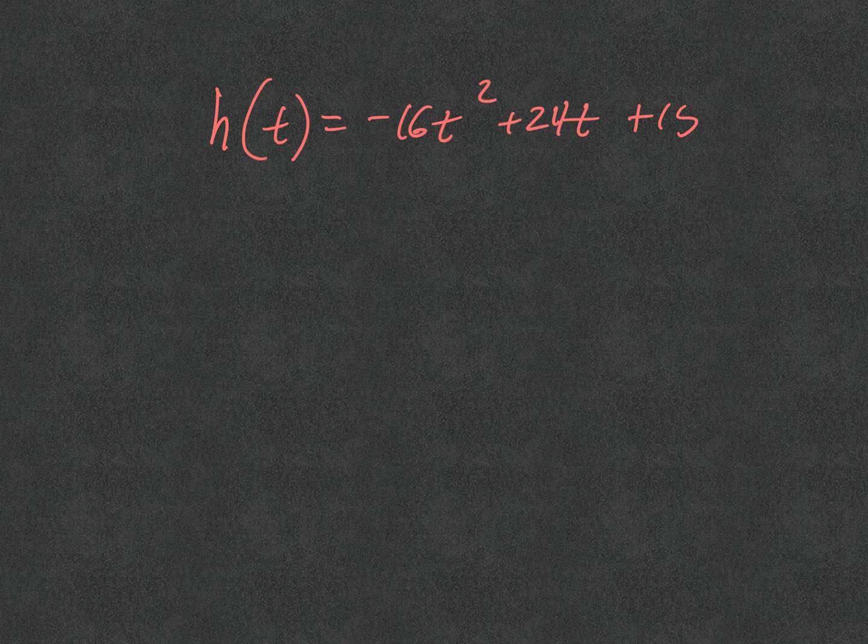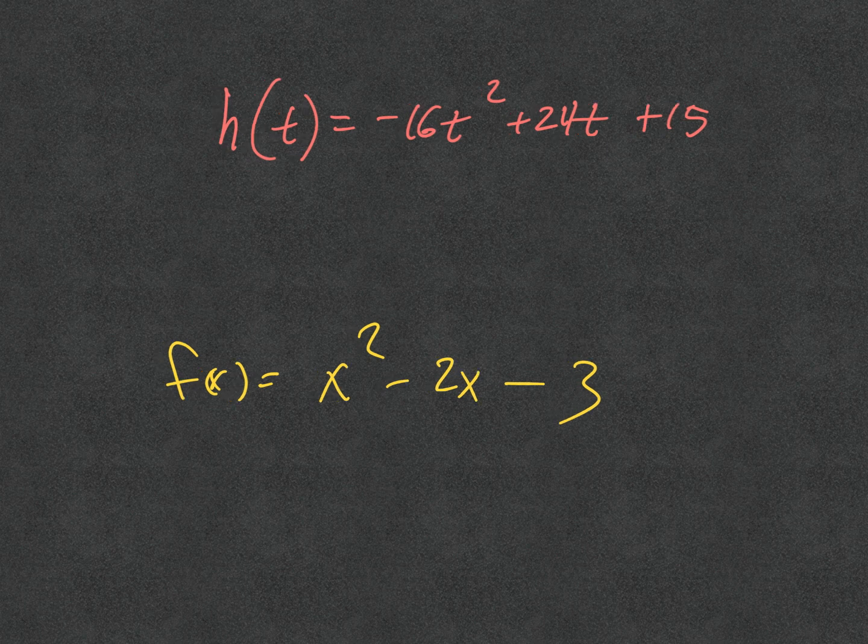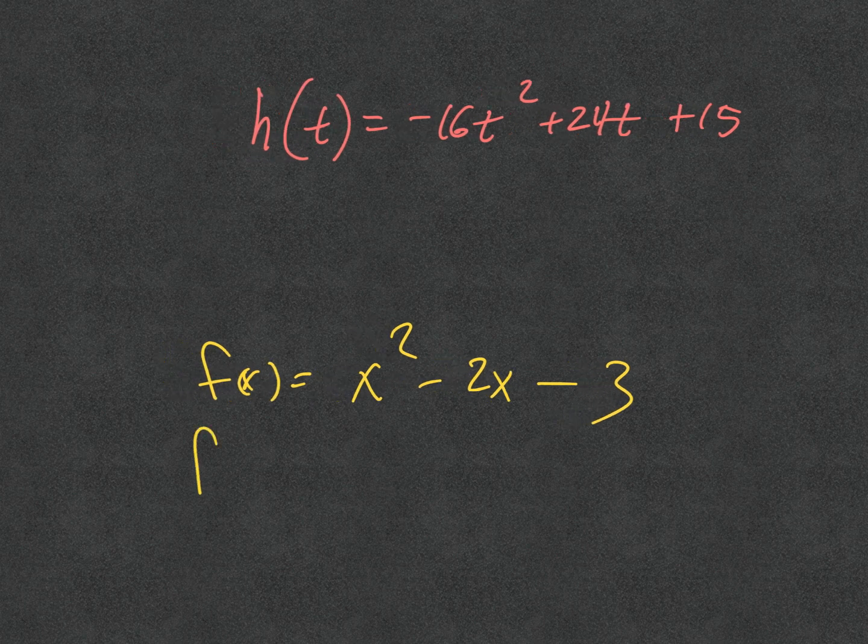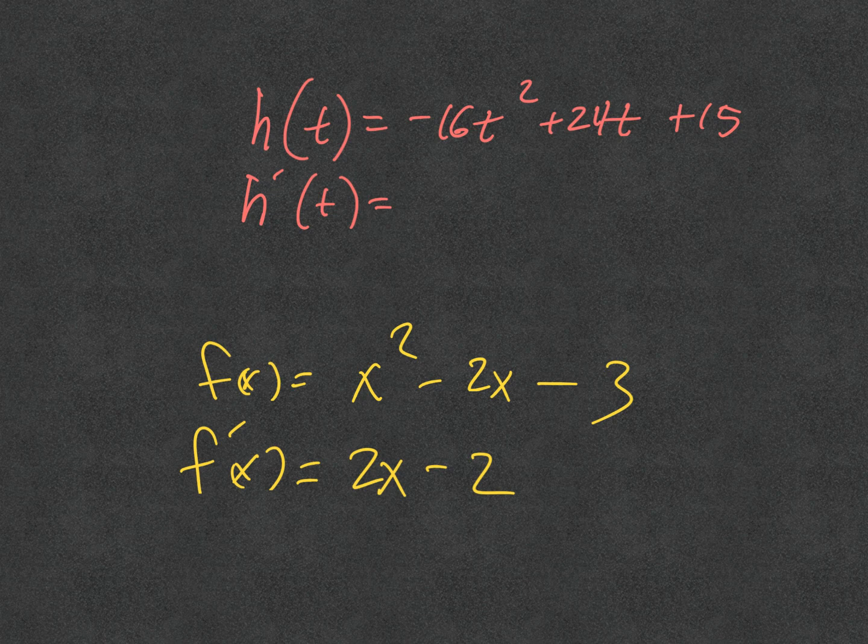That was y equals, or f of x equals, x squared minus 2x minus 3, I think is what we had in the other equation. The derivative, which would be written like this, f prime of x, was 2x minus 2. The derivative of what we had over here, which is h prime of t, was negative 32t plus 24.